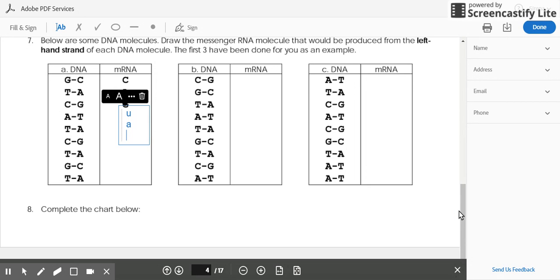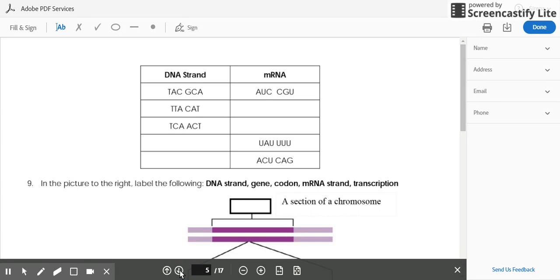Perfect. And then we moved on to page 66, where you had to complete the chart. T goes to A, A goes to U, C goes to G, so on and so forth.